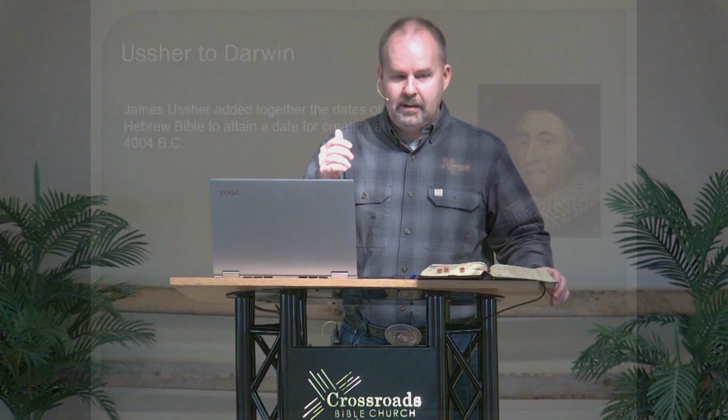Whether you agree that he's close or not, we'll discuss a couple of issues, but this cannot be correct because he had a misunderstanding of the regnal data of the kings that we talked about in our last session. So he was unable to accurately even address the numbers in the biblical text. But that's the date he came up with. And you might be amazed at how many people, even today, accept that date as gospel truth.